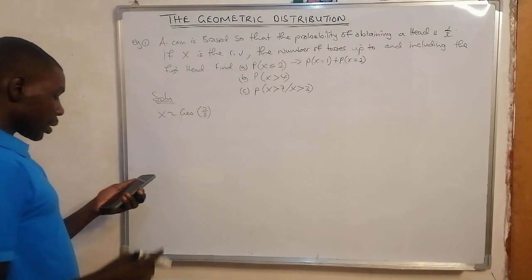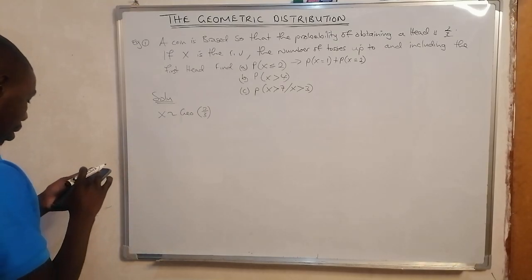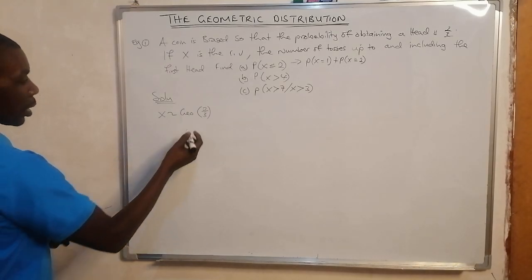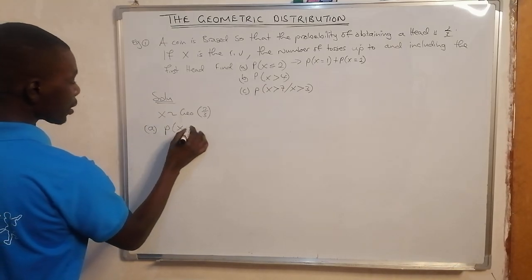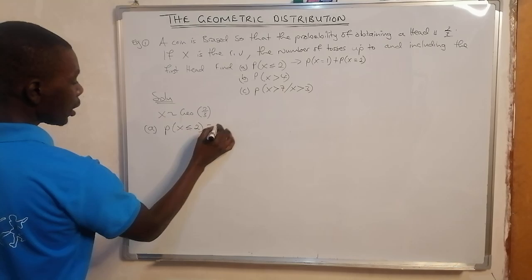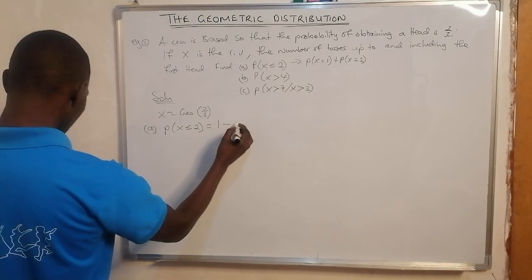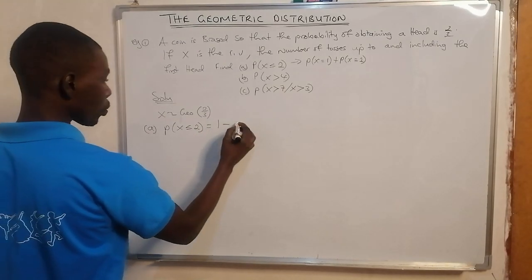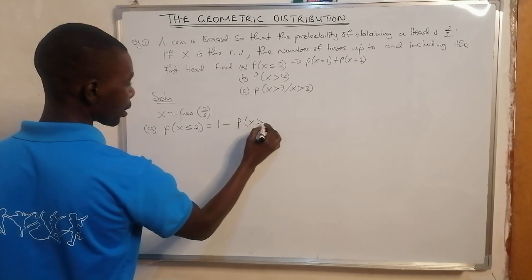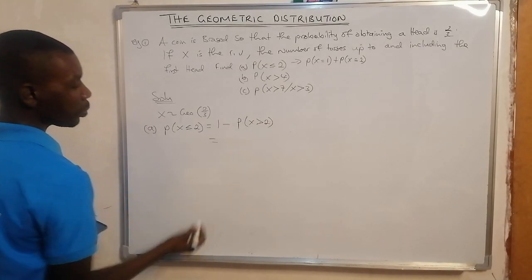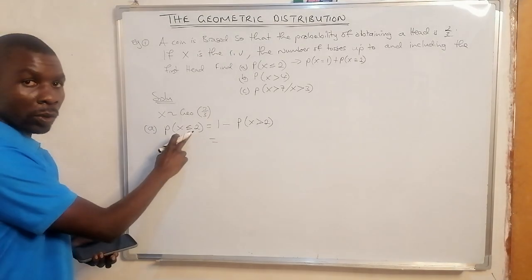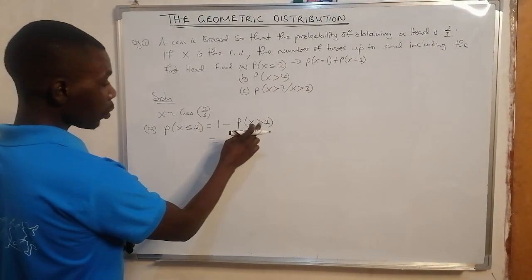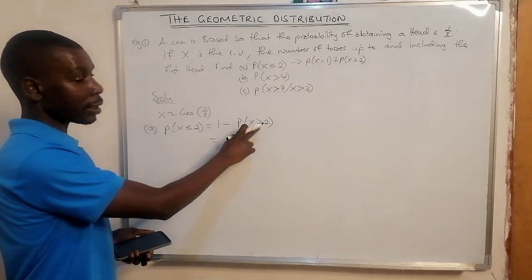But using our results, remember our first result, we can rewrite this A as P of x is less than or equal to 2 is the same as 1 minus P of x is greater than 2. And this will be, remember we want those items which is less than or equal to 2, but we don't want everything that is greater than 2.